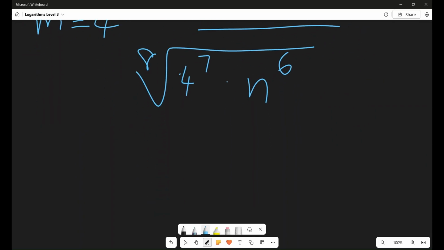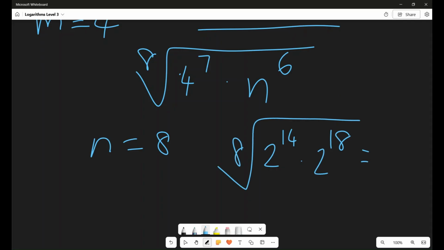After testing out some smaller values of n and working our way up, we find that n equals 8 is a possible solution, and that's because it comes out to 2 to the 14 times 2 to the 18, and this is 2 to the 32, which is 2 to the power of 4.